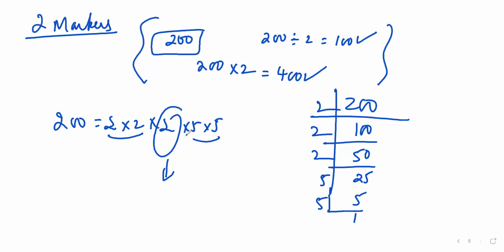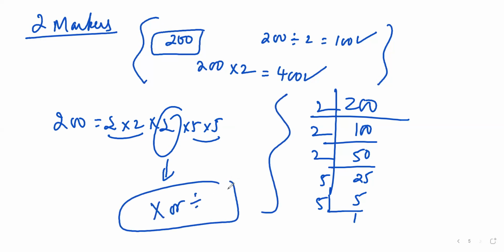So this number 200, either you should divide it by 2, in which case you get 100, or you multiply it by 2, in which case you get 400, to make it a perfect square. When it comes to multiplication or division, the technique you apply is prime factorization. If I ask you what should be subtracted or what should be added, then it is the long division technique. Keep that in mind.